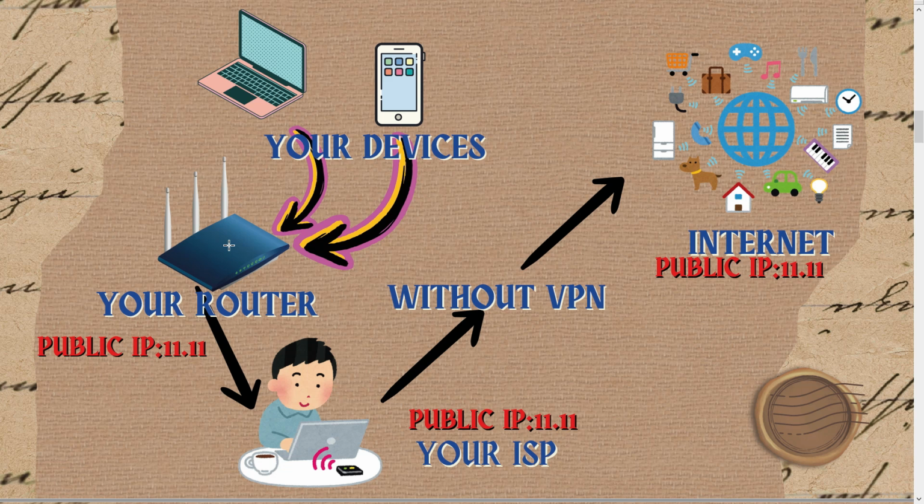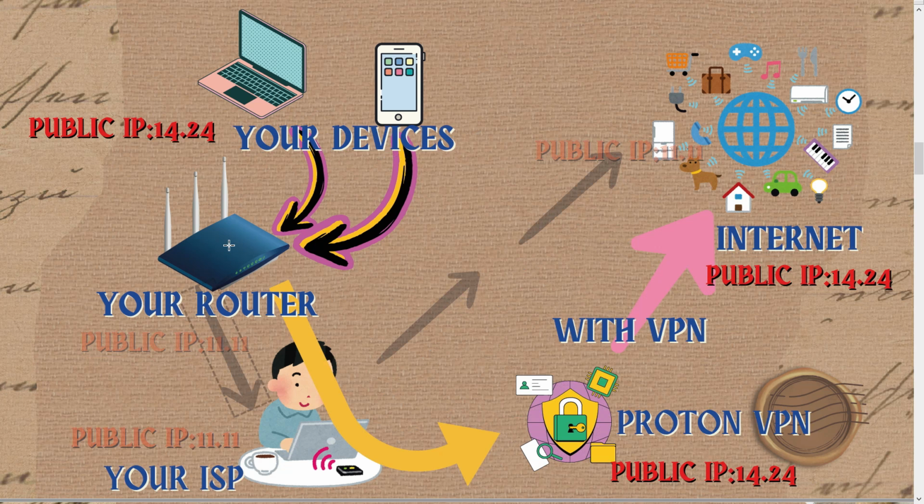So without the VPN, you connect to the internet, and other servers all over the world will see that public IP. That public IP is already known over the internet. So what happens with your VPN service?